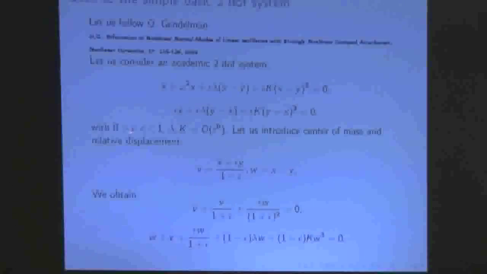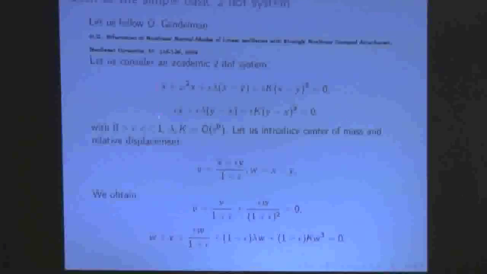Epsilon is a positive small parameter, lambda and k are considered as constants, and I will analyze this 2 degree of freedom system by classical means. I introduce v, that is the center of mass, and I introduce the relative displacement.